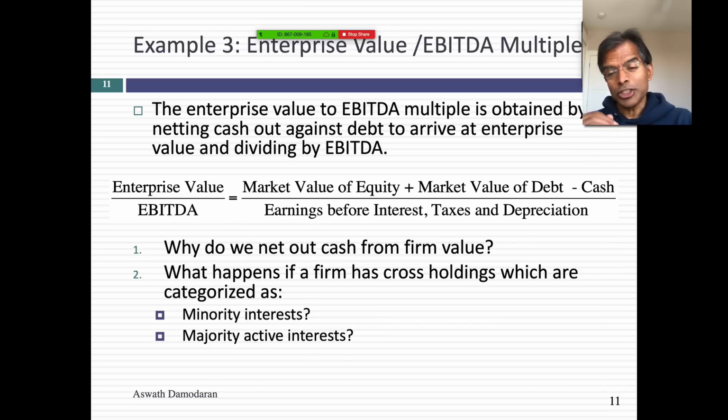You know what? This is a gigantic problem if you're an analyst in Asia or Latin America. Imagine trying to compute the EV to EBITDA for SoftBank. What's SoftBank's biggest single holding? Alibaba, right? And Alibaba alone accounts for 25% of SoftBank's market value of equity.